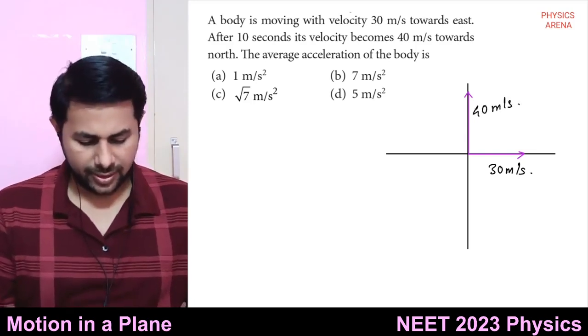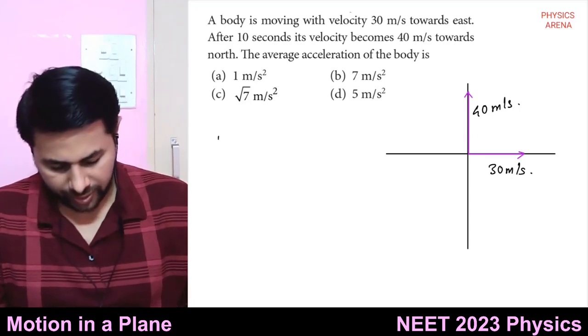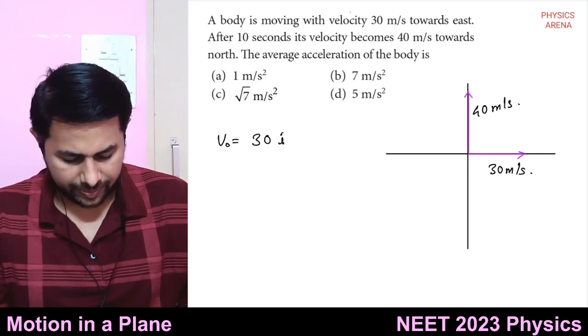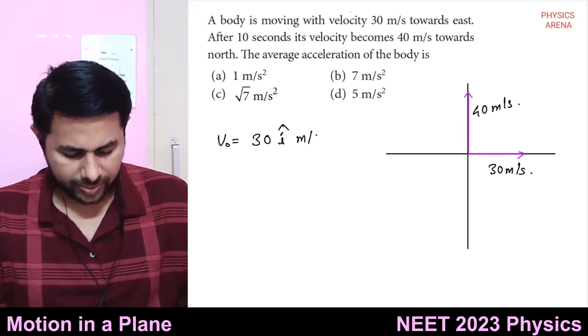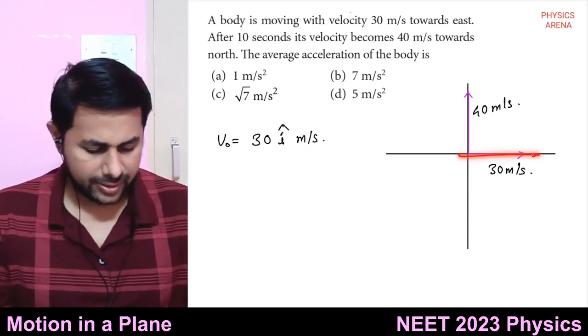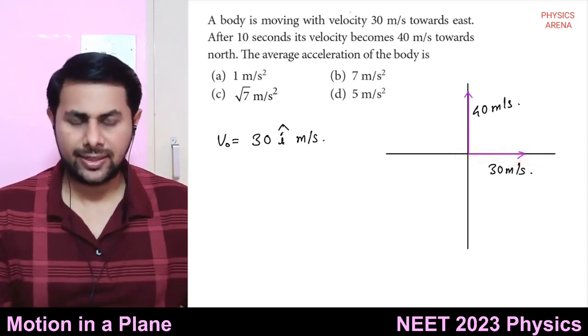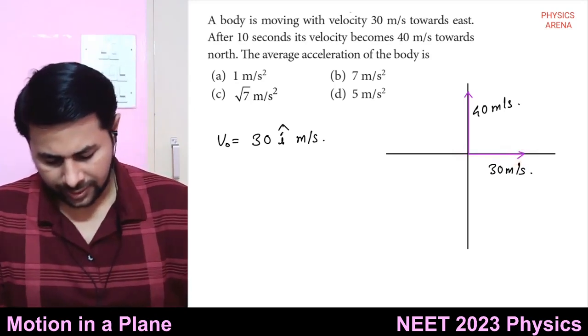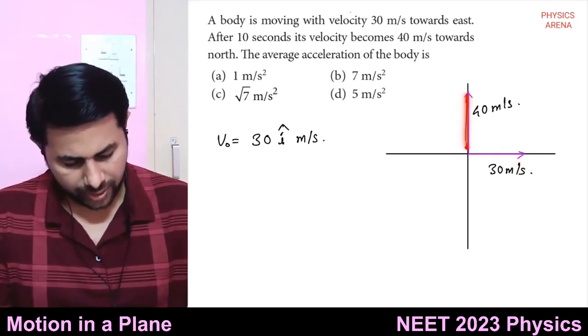So you can say the initial velocity V naught is equal to 30 i cap meters per second, right? East is towards right, in the positive x direction, and this is north.